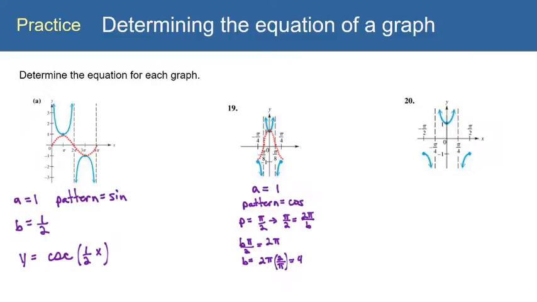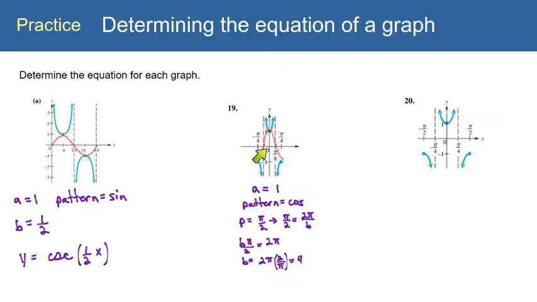And now you might be saying, well, why did we have to use the formula here? And back here on this last example, we did not have to use the formula. We just looked at it and said that b is 1/2. Well, that's because on this last one that we did, we could see the 2 pi on the graph. And so we were able to just look at it and know what b was supposed to be.